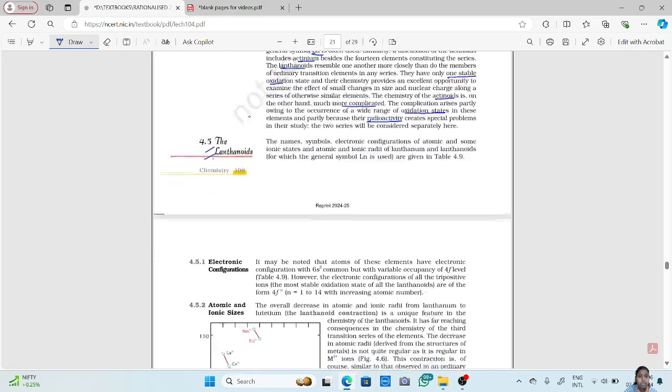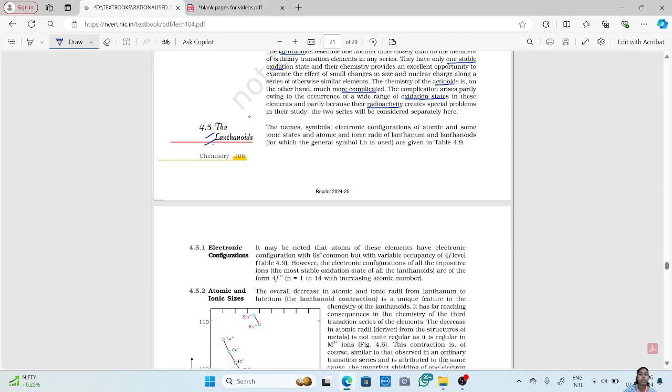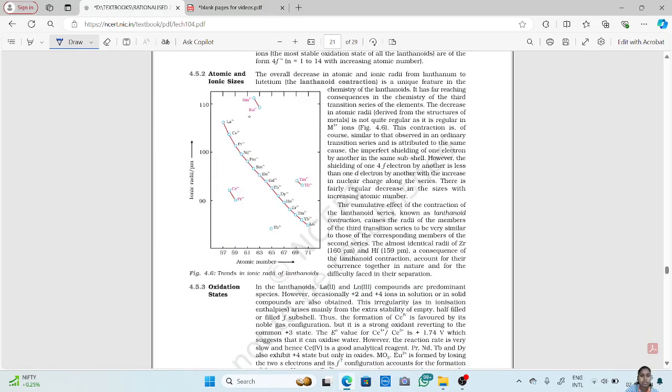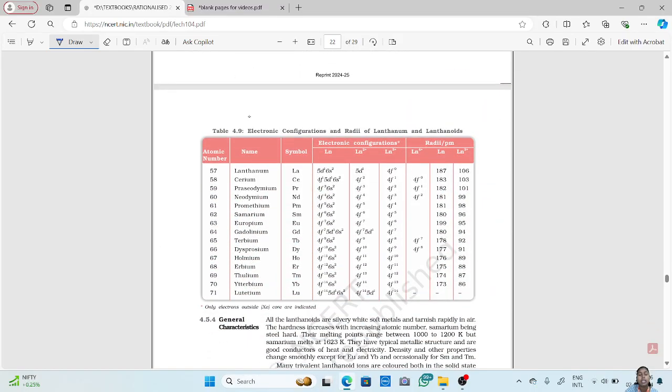Now the names, symbols, electronic configuration of atomic and some ionic states, and the atomic and ionic radii of lanthanum and lanthanoids are given in Table 4.9. So this is Table 4.9. Here these are the atomic numbers of the lanthanide series, and these are the elements present, starting from lanthanum till lutetium.